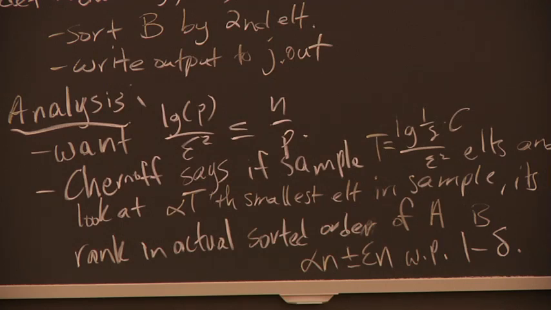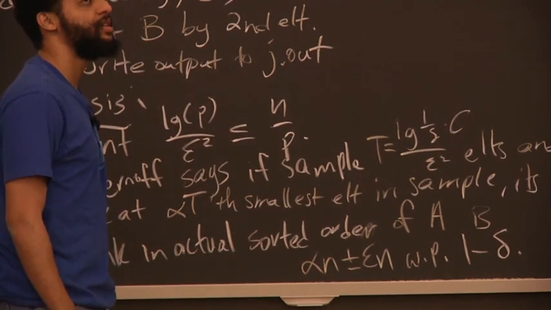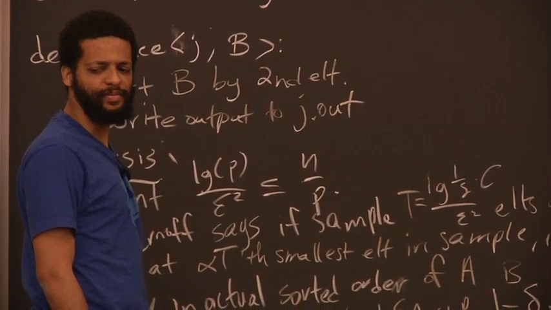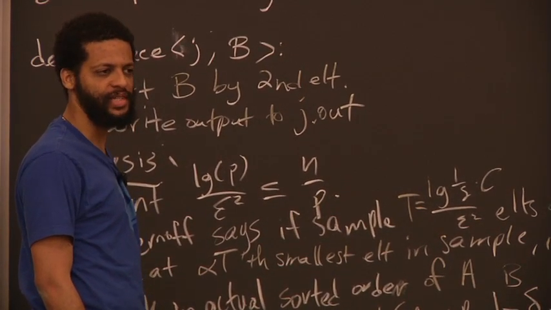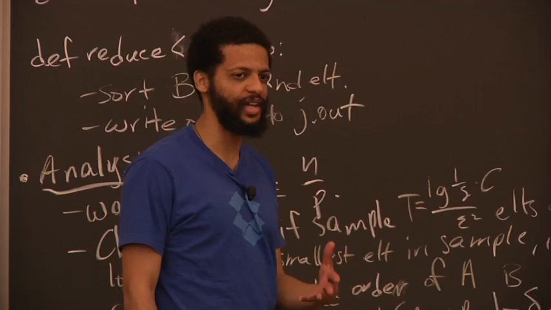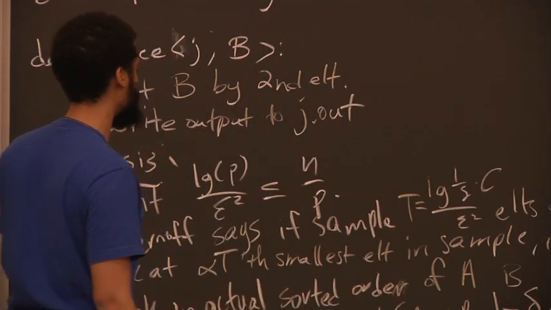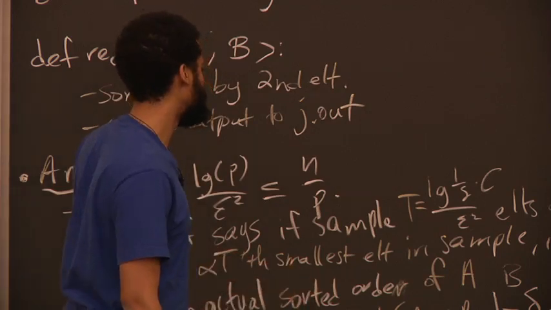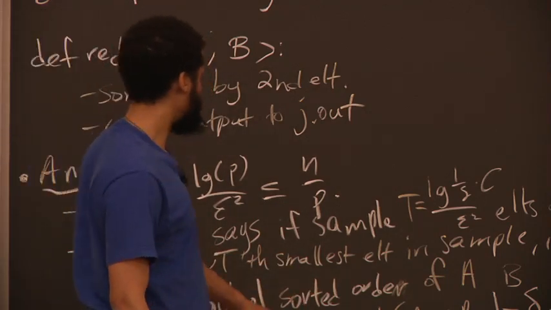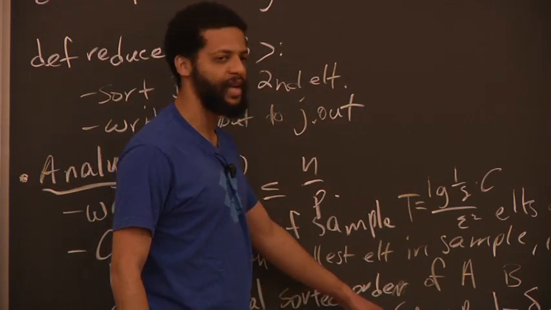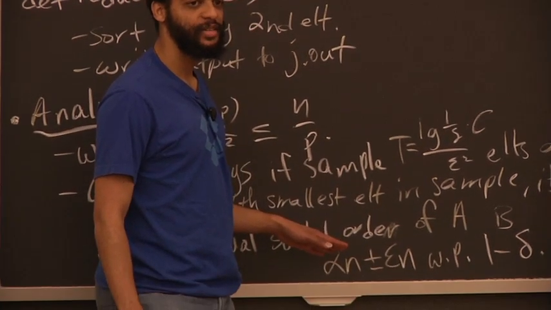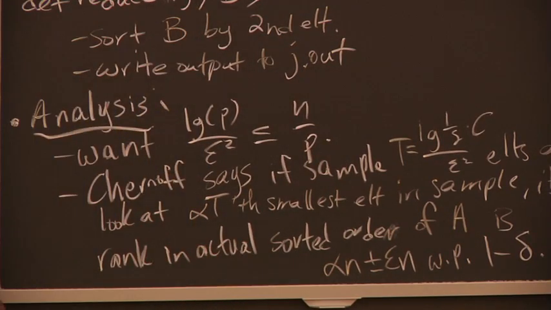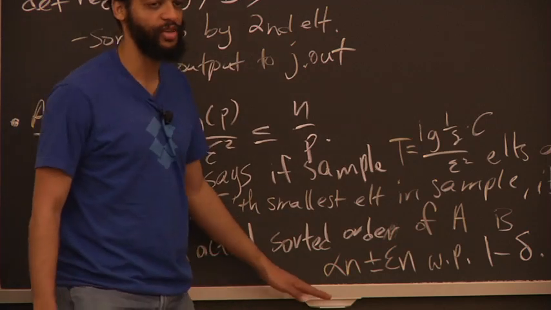The proof of this is somehow very similar to when we analyzed using p-stable distributions for LP norm estimation in data streams. So the basic idea is you look at people who are more than epsilon n below this guy. Look at the guy who's actually at rank alpha n in the sorted order of the array.